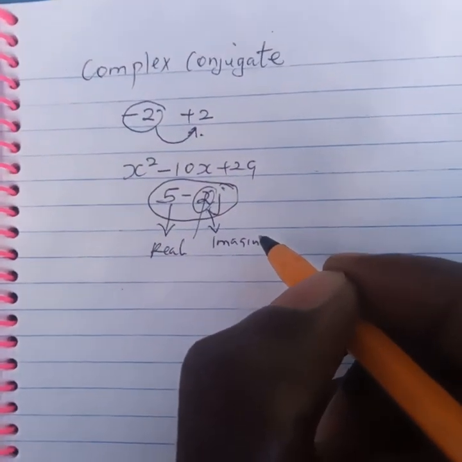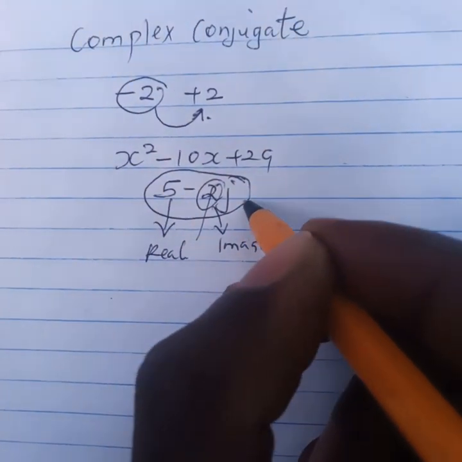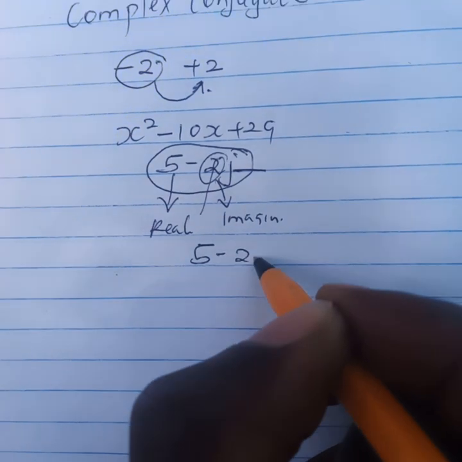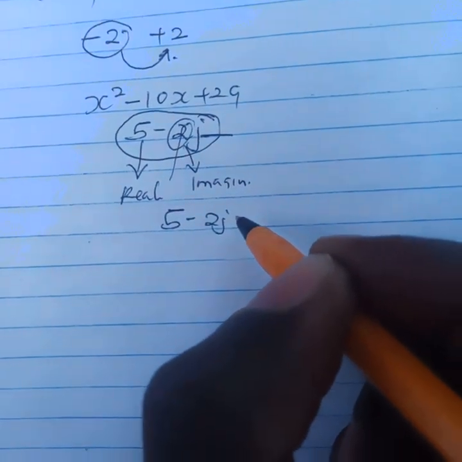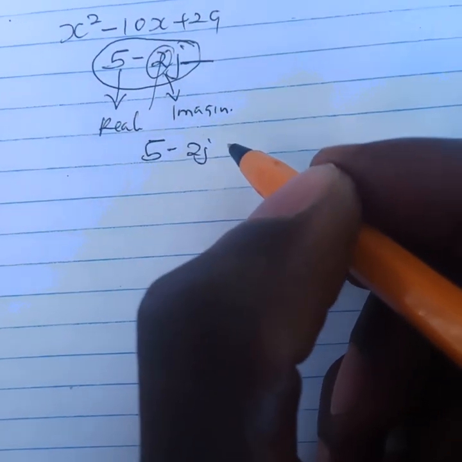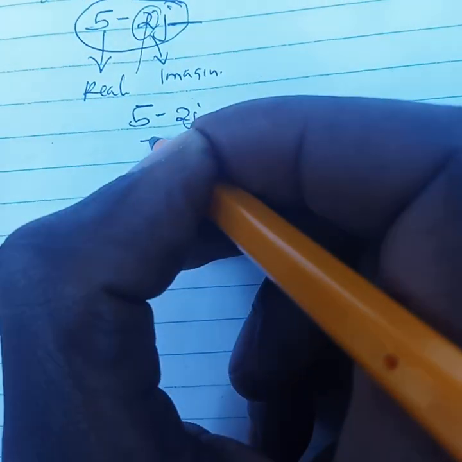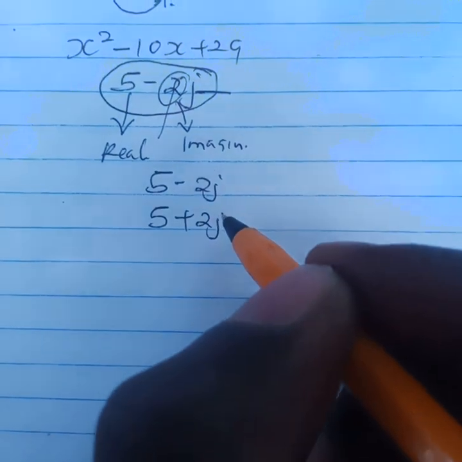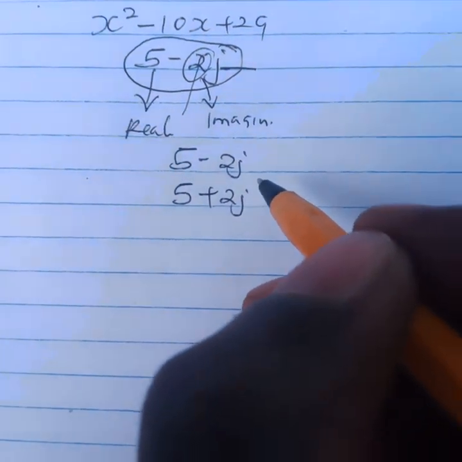Now, this number 5 minus 2j is almost the same as the first one, which we got, 5 plus 2j. So only the sign of the imaginary part has changed.